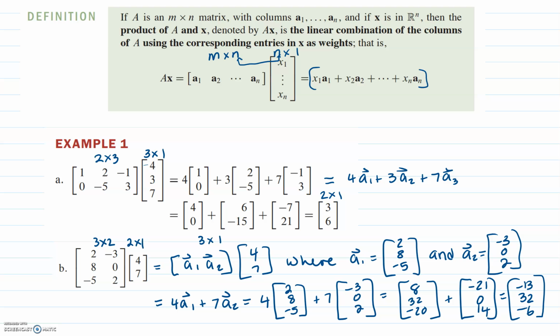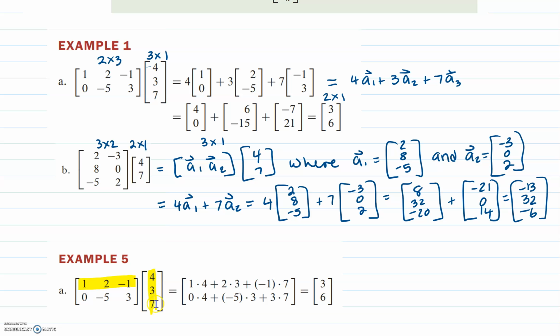There is a shortcut on how to do example 1, part A. If you notice, example 5 is the same exact matrix, but now they're doing it with a shortcut. So what they're doing here is they're looking at this first row with the entries of X. So we're going to take 1 times the 4, plus 2 times the 3, plus negative 1 times 7.